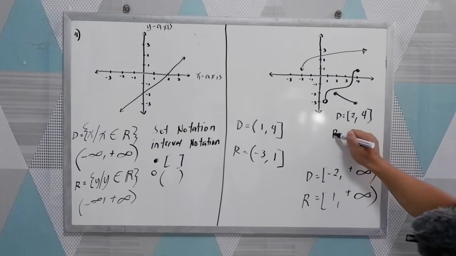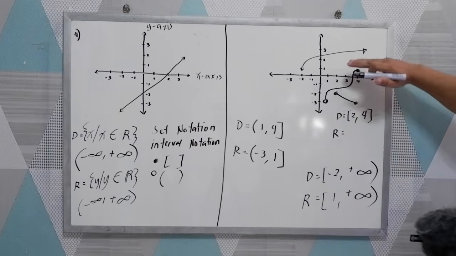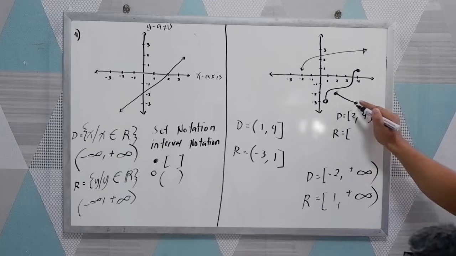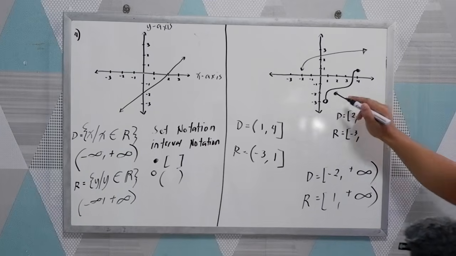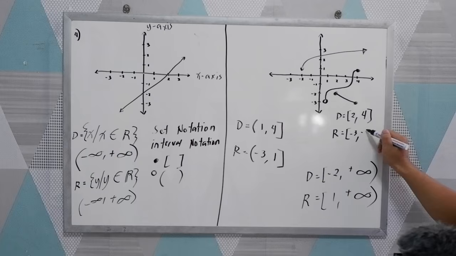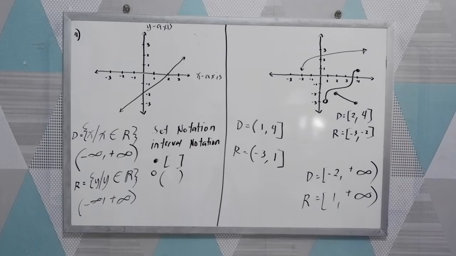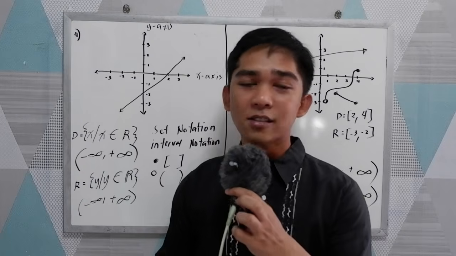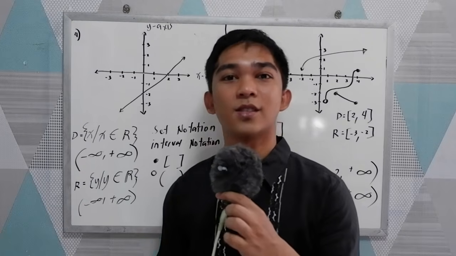And for the range, we have the lowest point, -3, then -2. That is the graph. Next, let us proceed to linear functions.